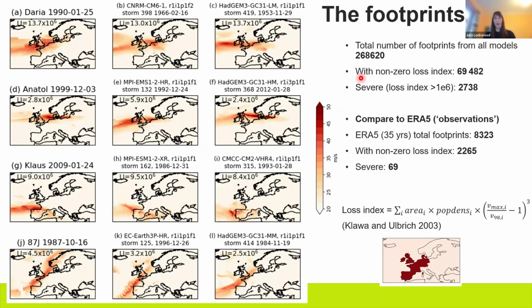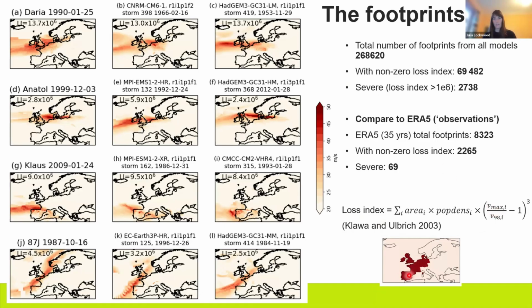So for each of our footprints, we calculated a loss index for the windstorms. We used the Klawa and Ulbrich one, which is essentially your maximum gust above a local 98th percentile threshold, the cube of that multiplied by your population density and area, and then you sum that over all grid points in the domain that you're interested in.